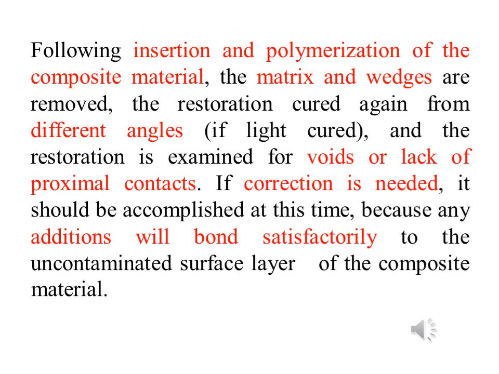After insertion and polymerization of the composite material, the matrix and wedges are removed. The restoration is cured again from different angles by a light cure device, and the restoration is examined for any void, slack, or proximal contact problems. Any defect should be corrected at this time, because any addition will bond satisfactorily to the uncontaminated surface layer of the composite material.